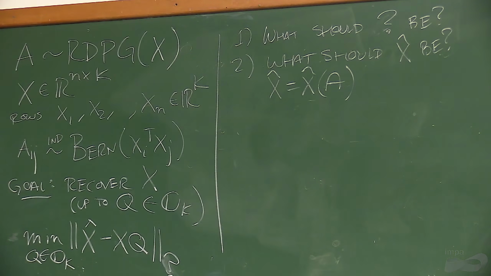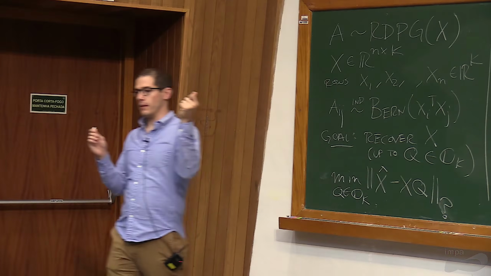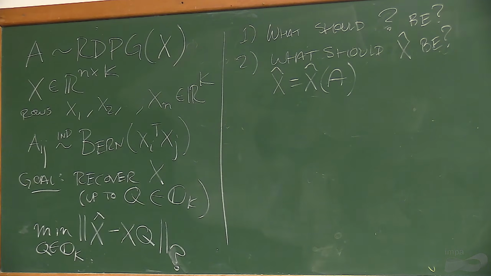The latent positions xi corresponding to vertices in the same community are going to, depending on the model, either be on a line, like on an array, which happens in the degree-corrected stochastic block model, or they'll be in the same chunk of the simplex in the mixed membership stochastic block model.